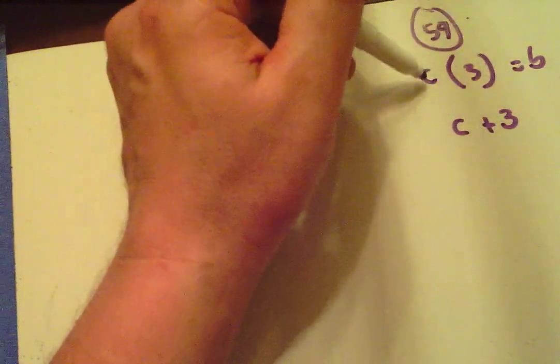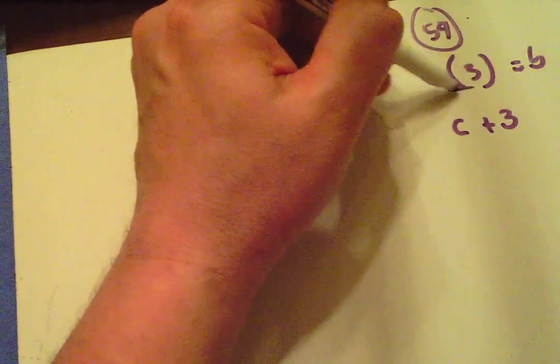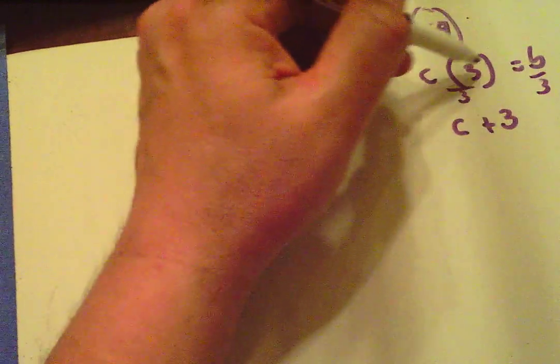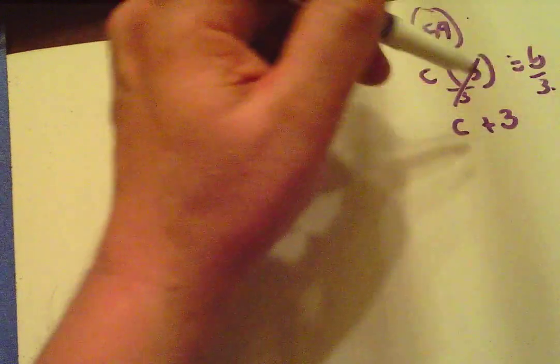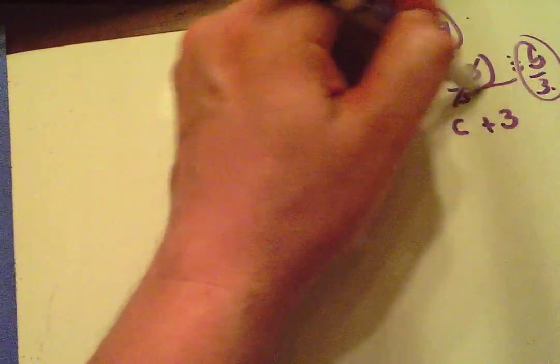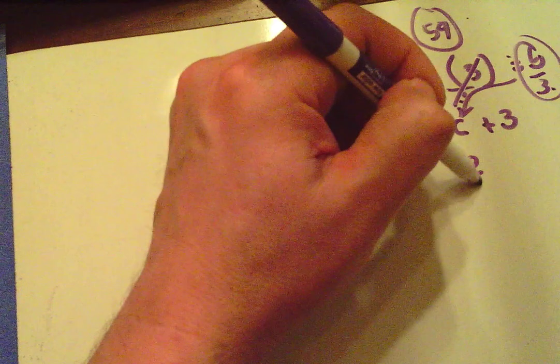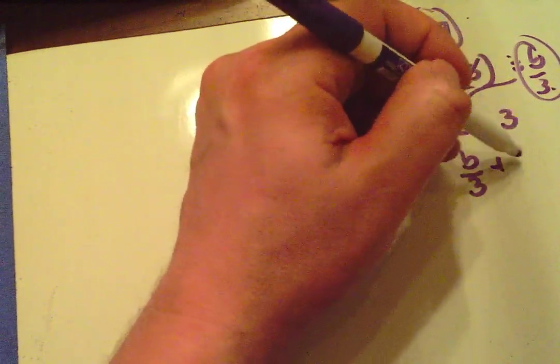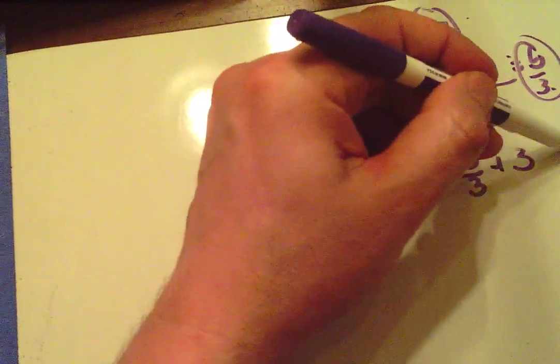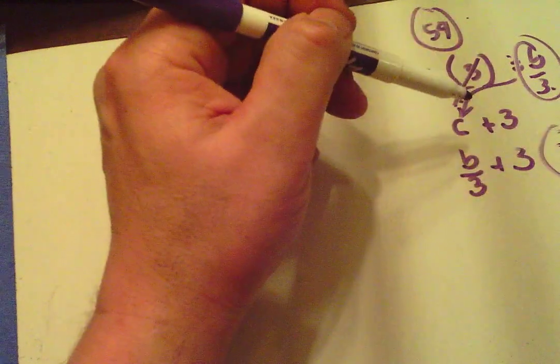Well, if this is what B equals, what does C equal? I divide by 3, and I get C is B over 3. So I can then replace C with B over 3, and that's choice E. Choice E for number 59.